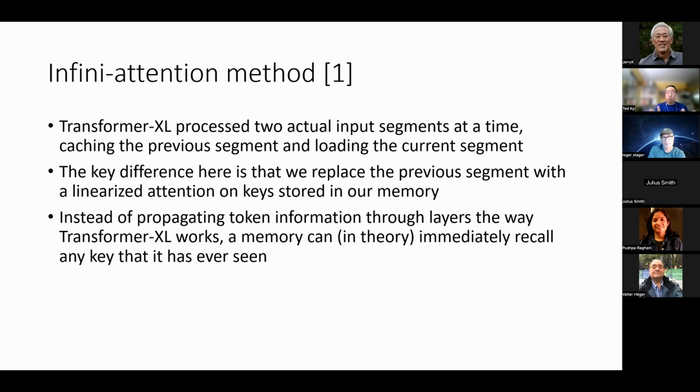Now, if this were truly an infinite memory, then you wouldn't even have to worry about it being smart. You'd just stuff in every token you've ever seen. But the reality is there's no free lunch there, so you do have to impart some type of smarts into this memory. You can't just shove as much as you want into it. But I hope that makes sense in terms of how this might beat Transformer-XL: it's not acting like an RNN.